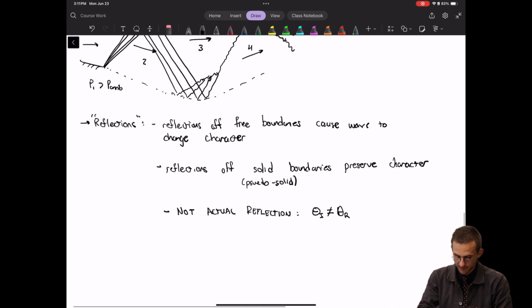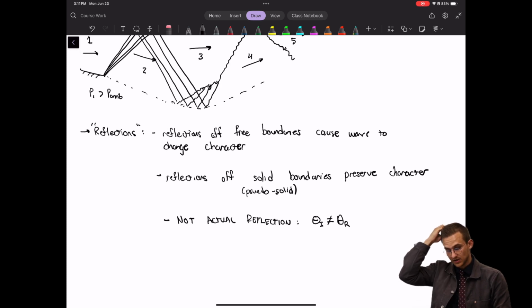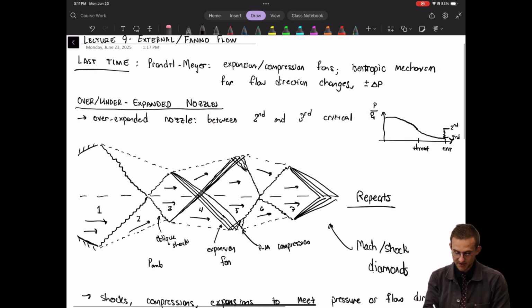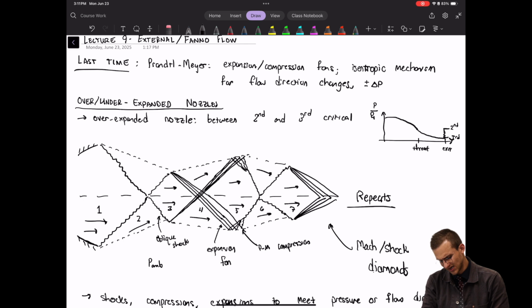So if you're asked to analyze a flow out of the exit of a rocket nozzle, you can proceed through this process, and then if you're at station 4 and you're thinking, I don't understand which direction I want to turn here, you can look at what's happening at the center line and at the free boundary and say, I know that these expansion fans must change character at the free boundary, and so I know that it's going to be a compression between station 5 and 6.